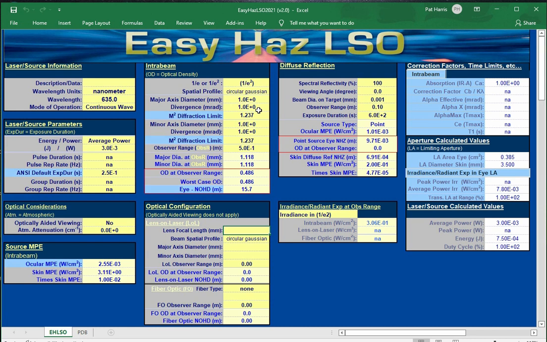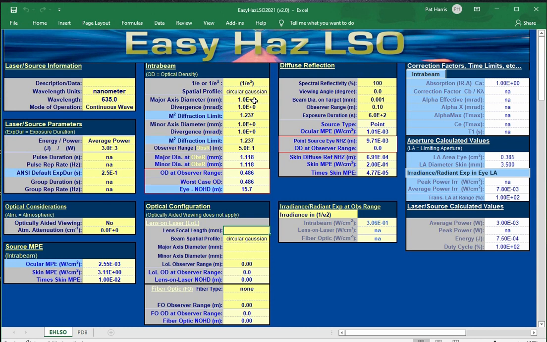The divergence, we take 1 divided by the square root of 2. So what the software is working with is a beam diameter at the beam waist of 0.707 millimeters and a divergence of 0.707 milliradians. So that's what's happening right here. Takes the 1 over e squared, converts it to 1 over e, and works with that.